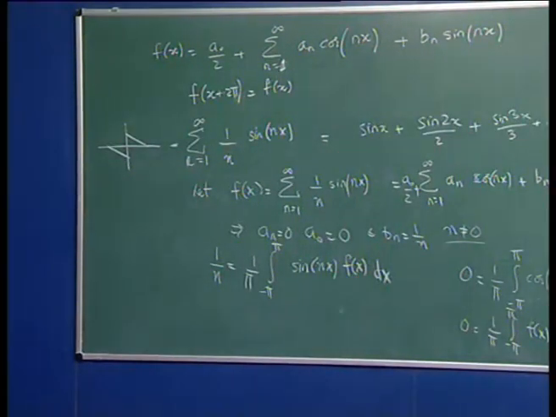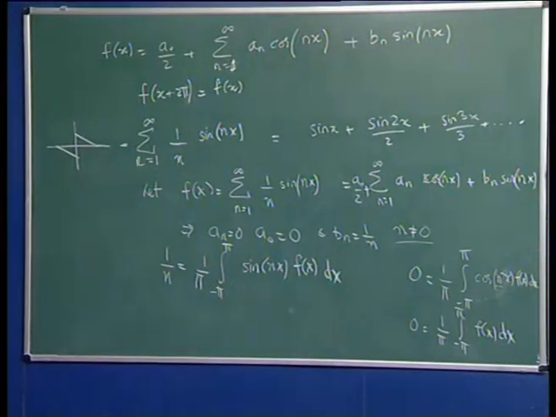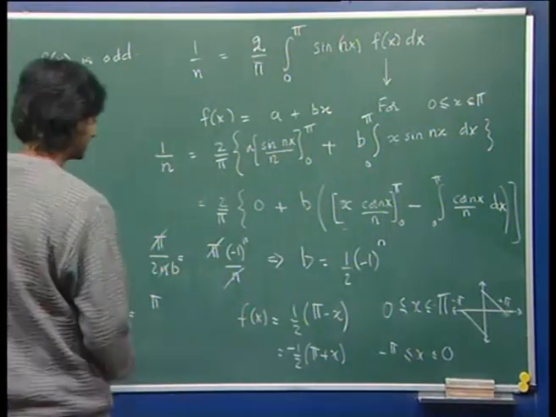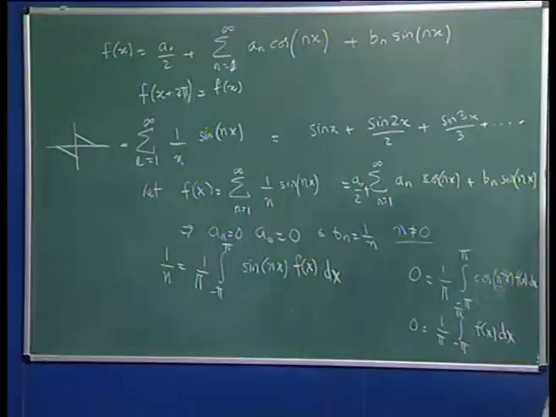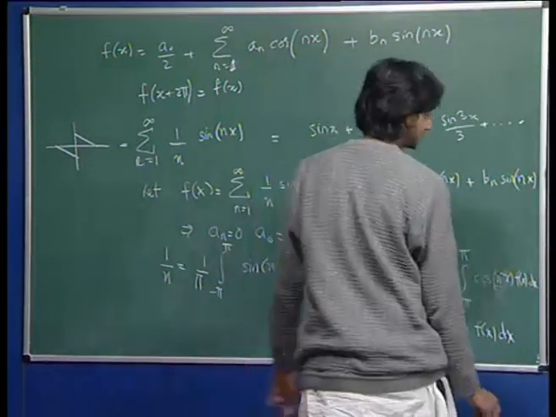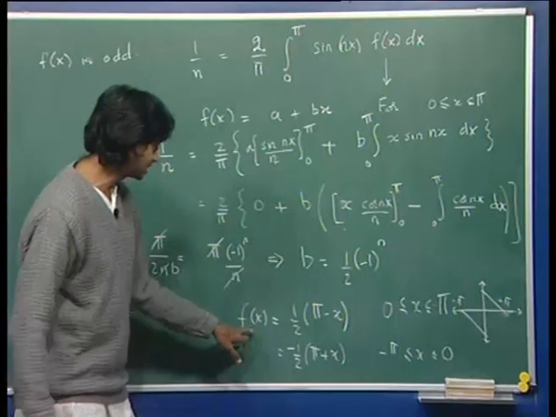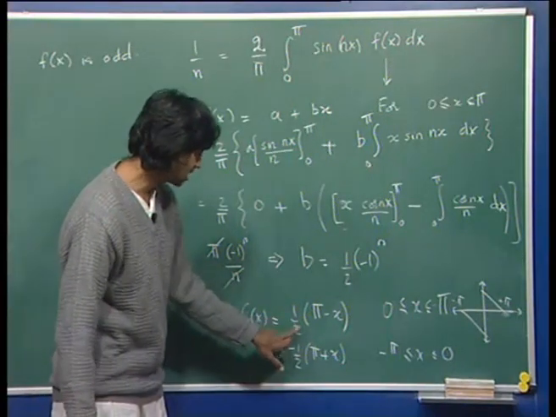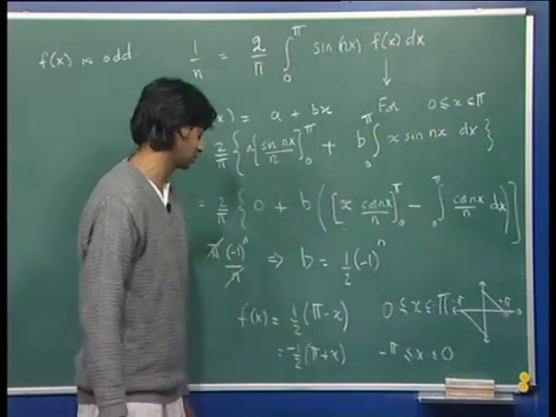Okay. Now, the next thing is, suppose I take this and I put x equal to pi by 2. So if I put x equal to pi by 2, then x is greater than 0. So f of pi by 2 is just half pi minus pi by 2, that is pi by 4. Okay.